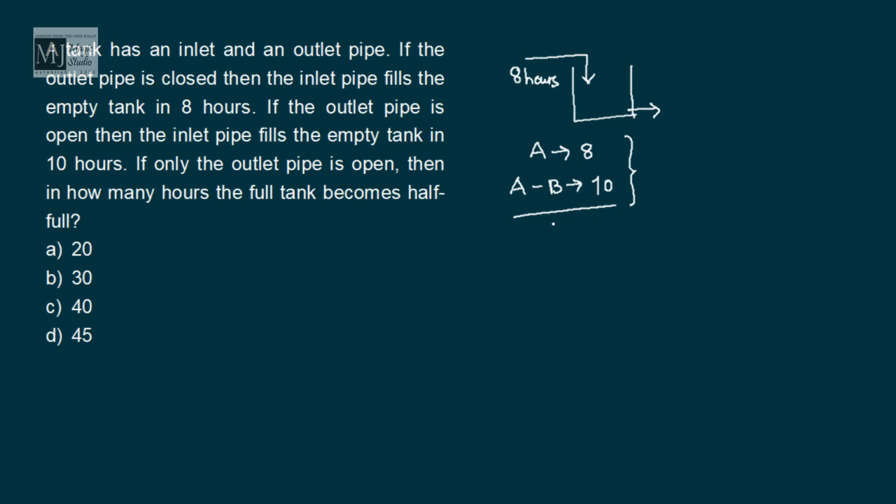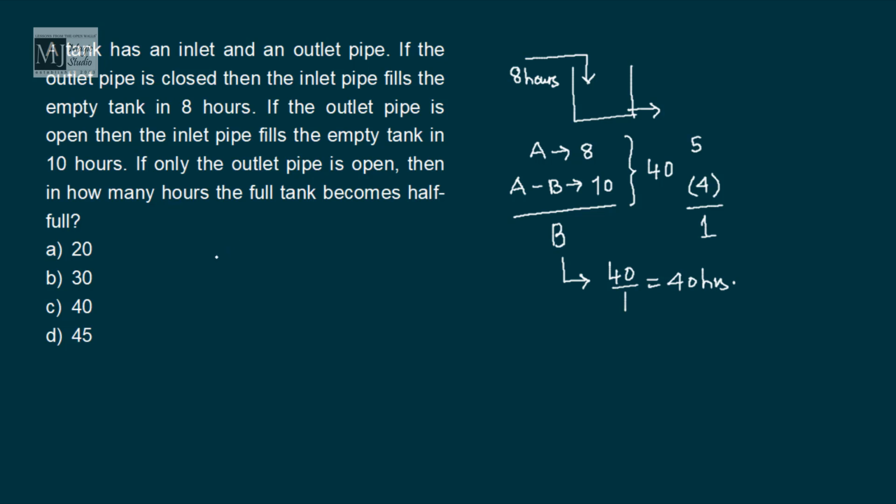If I subtract these two, I'll get B. LCM of 8 and 10, we will use rule, 8 and 10 is 40. 40 by 8 is 5. 40 by 10 is 4. Since I'm subtracting, 5 minus 4 is 1. So time taken by B to empty the entire tank would be 40 by 1, that is 40 hours.